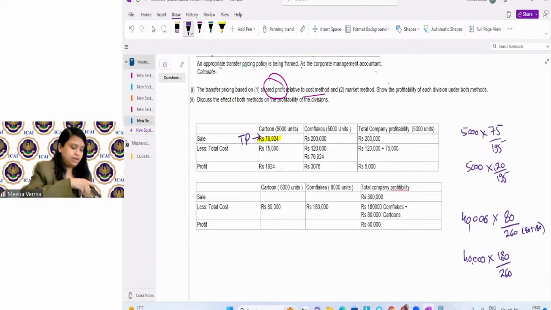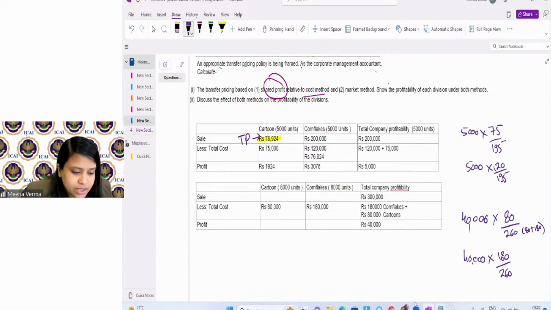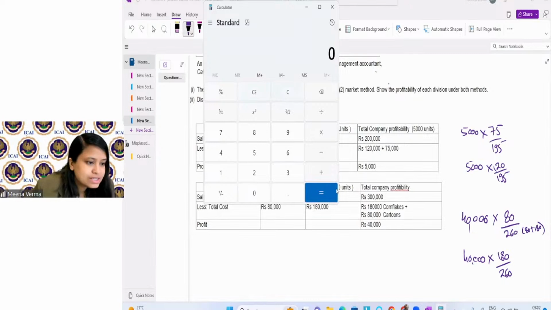These are my ratios on the basis of which I will allocate the total profits. So what is the answer here if I consider these values? 40,000 into 80 divided by 260.